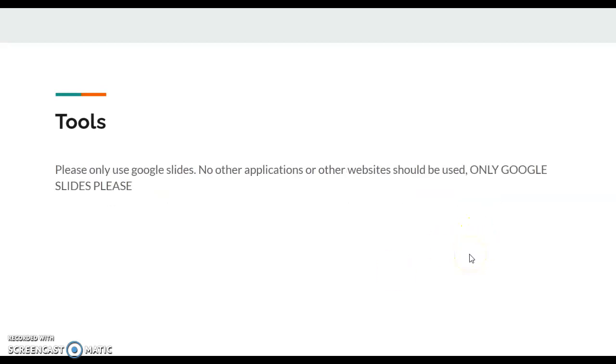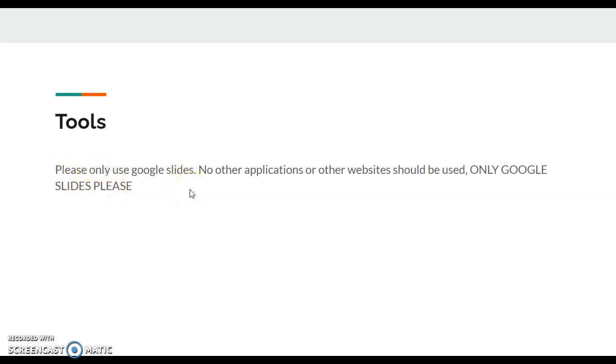Tools. So this is mandatory. Please use only Google Slides. Use Google Slides only. I don't want any other applications or websites being used. Only Google Slides. Okay, as you can see right here in capital letters, only Google Slides, please. All right.